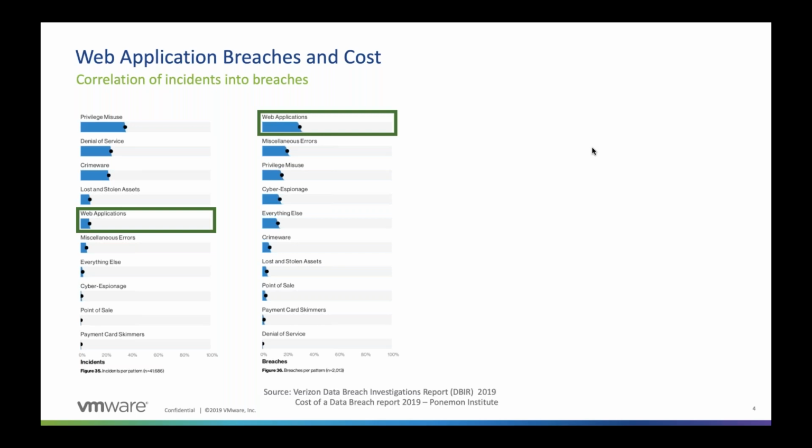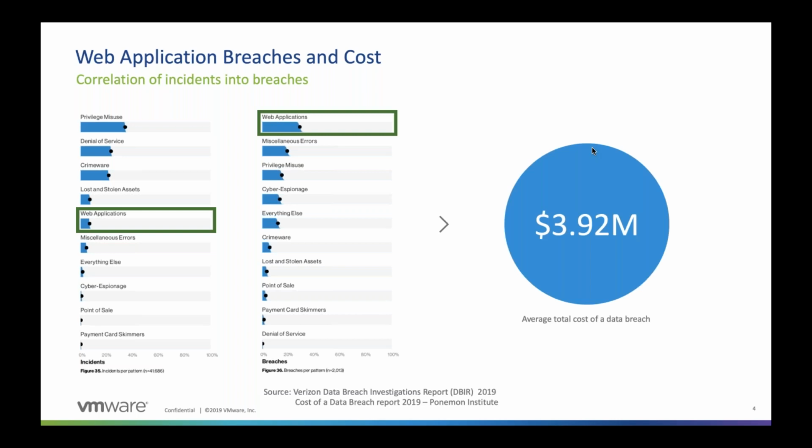When you look at these numbers, it comes down to nearly an average of $4 million per breach. Again, that looks quite small when we think about these massive breaches that we all read about in the media, but it averages out with all the smaller ones that are happening every day that are tracked here as well.